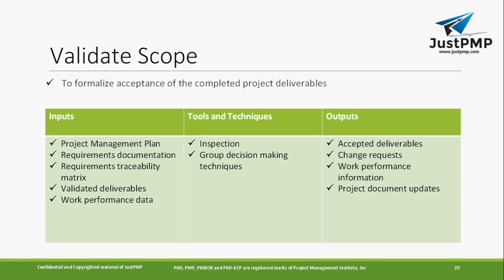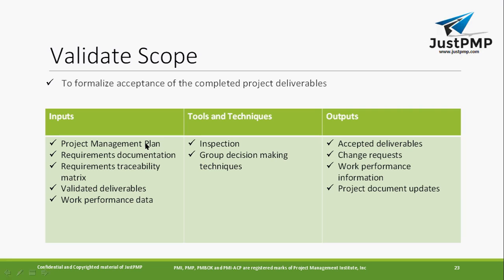Okay. One part of scope management is validate scope. Here we are going to validate the scope of the work. It is basically to formalize the acceptance of completed project deliverables. You are going to formalize what has been decided in the project, whether it has been completed or not.